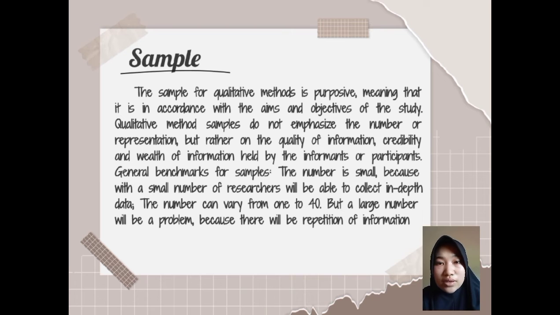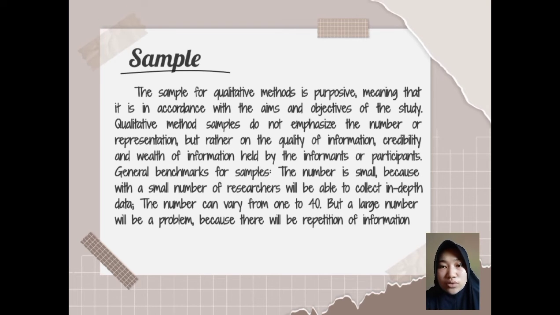The next step is sample. The sample for qualitative methods is purposive, meaning that it is in accordance with the aims and objectives of the study. Qualitative method samples don't emphasize the number or representation, but rather the quality of information, credibility, and wealth of information held by the informants or participants.